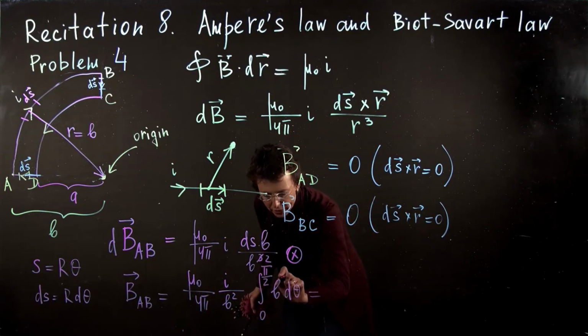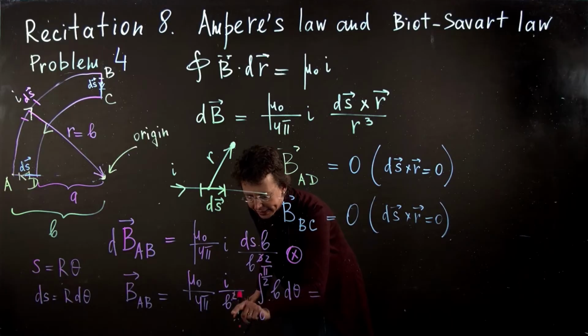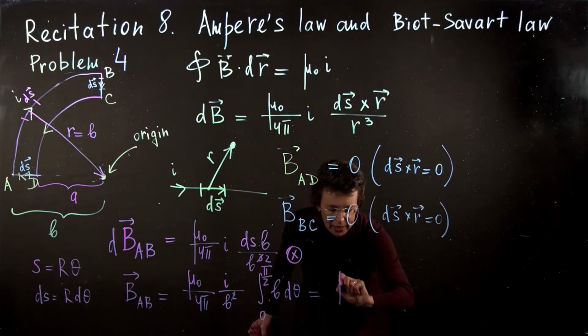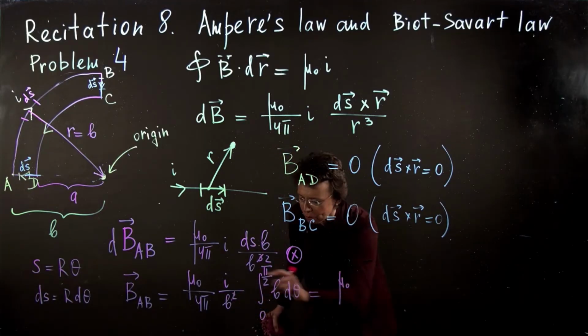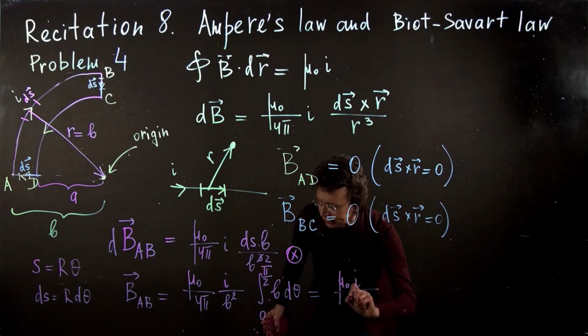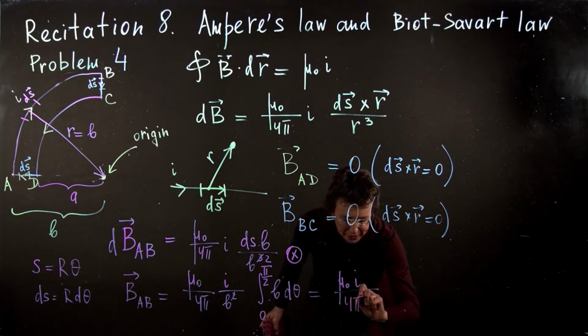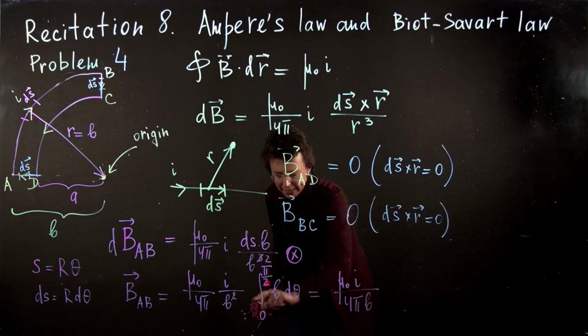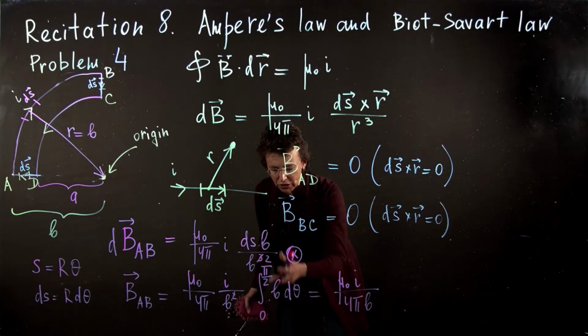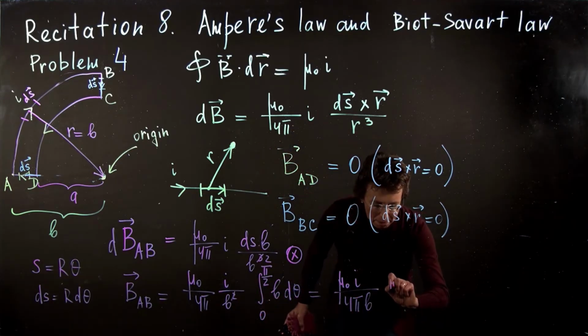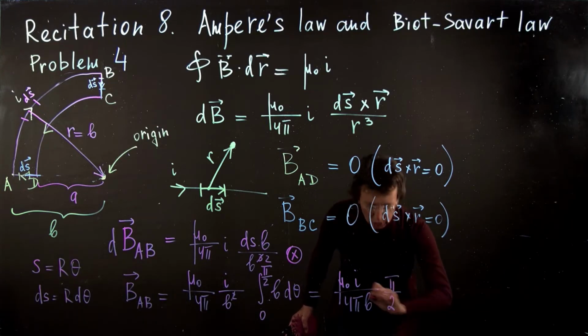I end up with B in denominator, which means that I have eventually mu naught I divided by 4 pi B. And integral d theta is just theta, so I have pi over 2.